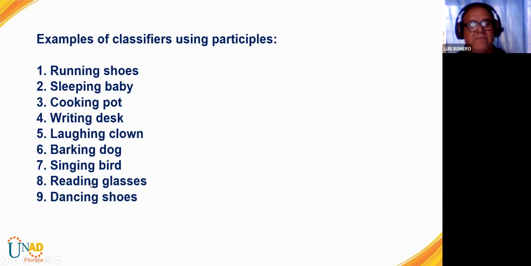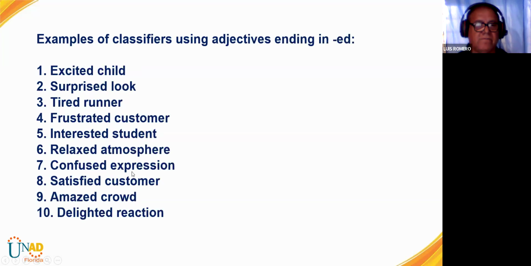Here are some examples: cooking pot, writing desk, a barking dog, reading glasses, and dancing shoes. So present participles are describing nouns.